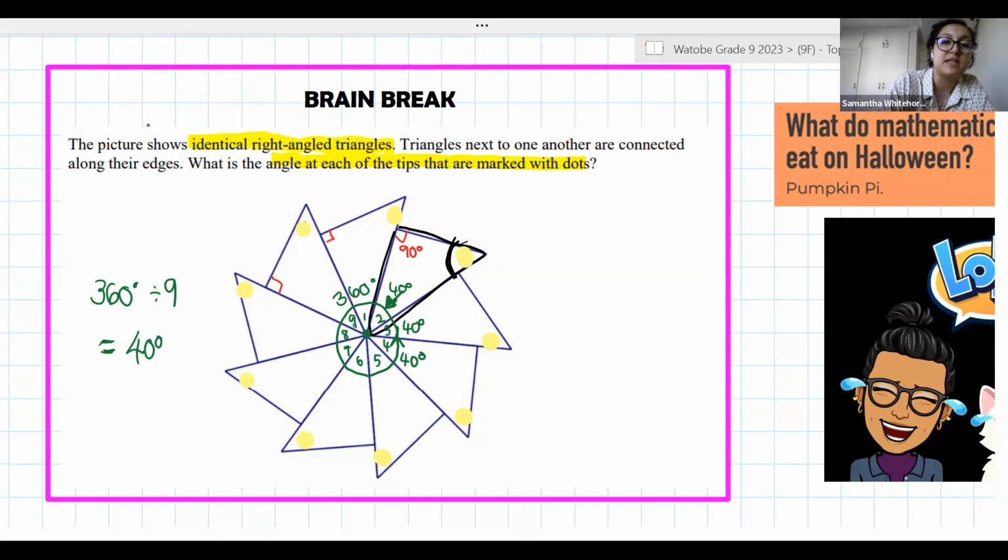And so that means that the angle at the tip of the triangle is 50 degrees. Because if we use our angles in the triangle, which is 180, we can get that third missing angle. Very nicely done, guys.